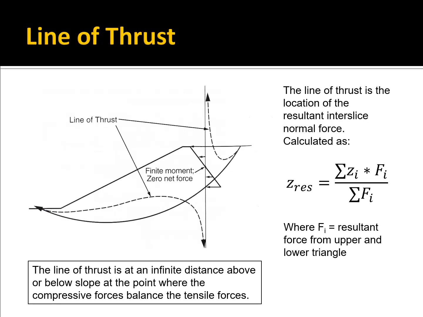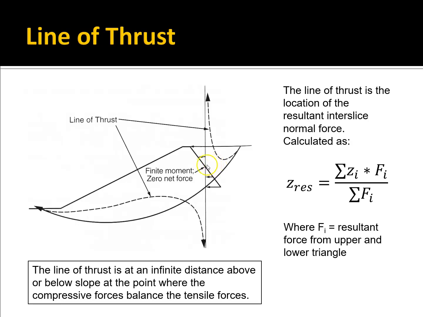We talked about that a little bit. So what is the line of thrust? The line of thrust is the location of the resultant inter-slice normal force, and is calculated as follows: z equals the sum of z_i times F_i over the sum of F_i. So this z is the elevation.